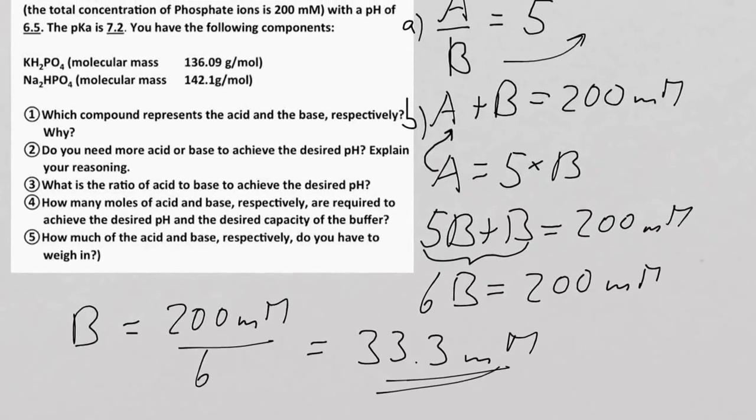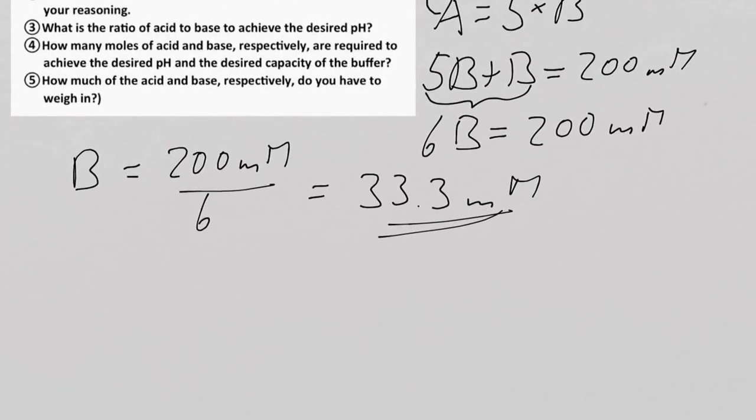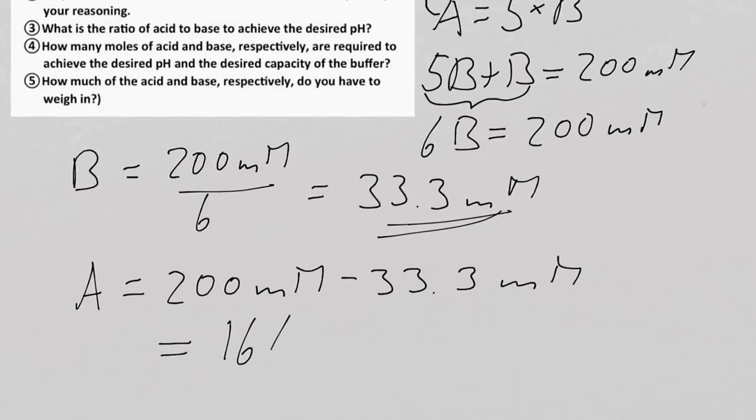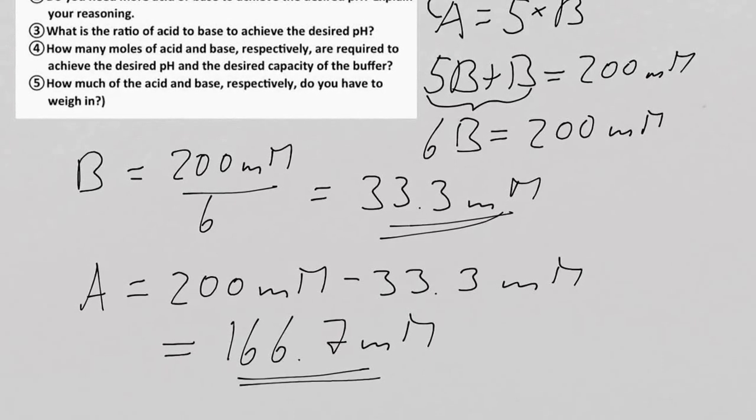So that's my base concentration, and for the acid concentration I just calculate 200 millimolar minus 33.3 millimolar, and therefore the acid concentration gives me 166.7 millimolar. So base 33.3 millimolar and 166.7 millimolar for the acid.